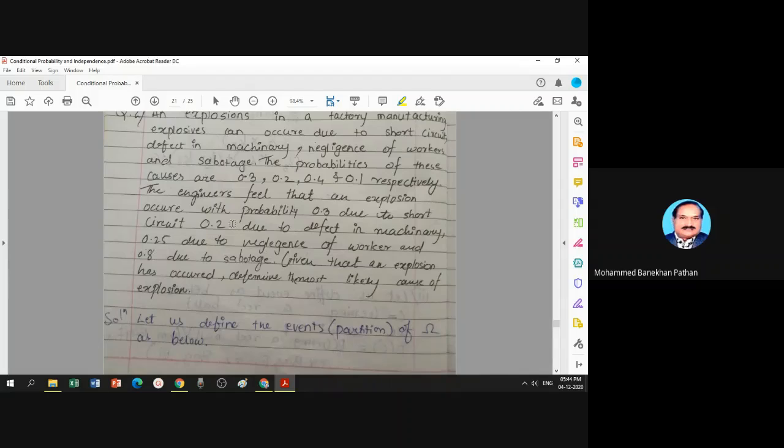This total is not necessarily 1. It may be less than 1, it may be greater than 1. But the total of the partition should be 1.